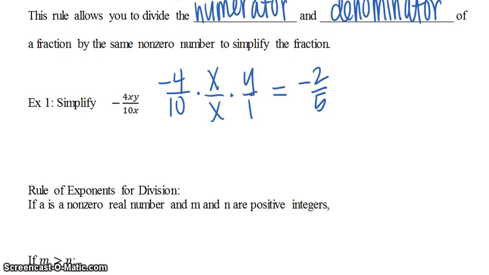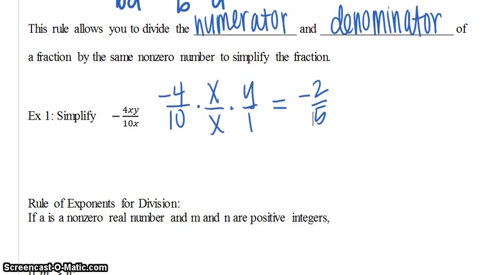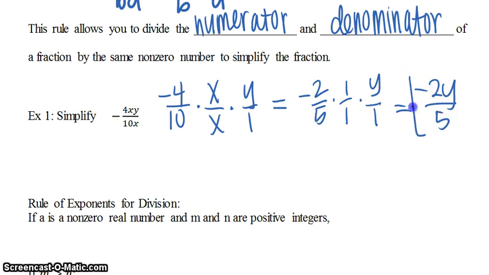They can't kind of cancel each other out, so it's going to be the same as 1 over 1. And then y over 1 can't reduce anymore, so I'm going to leave it like that. And now I'm going to combine them all together to simplify it at the very end, and I have negative 2y over 5. So that's my final answer. That's what I simplified it to using that rule.